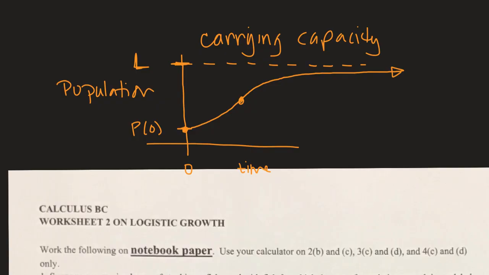So this is our point of inflection. We will notice that this always happens in the middle of your carrying capacity and 0. Not P of 0, but literally 0 animals, 0 organisms, 0 fish. That's always half of L. This is your point of inflection.